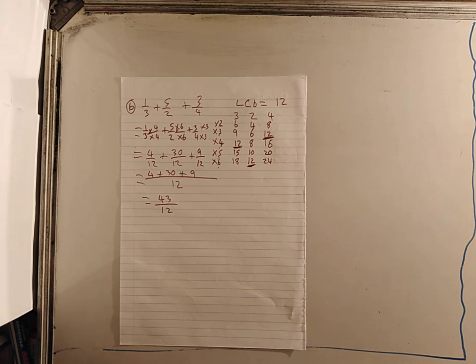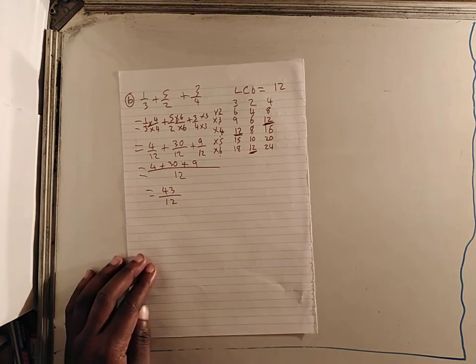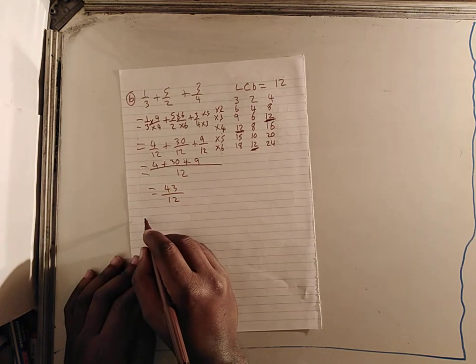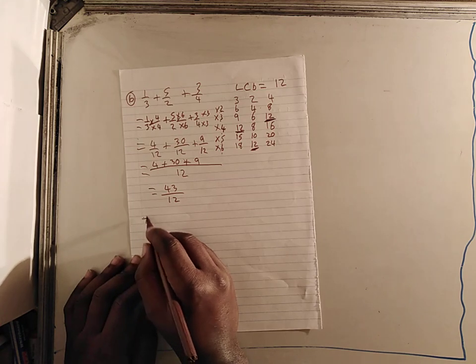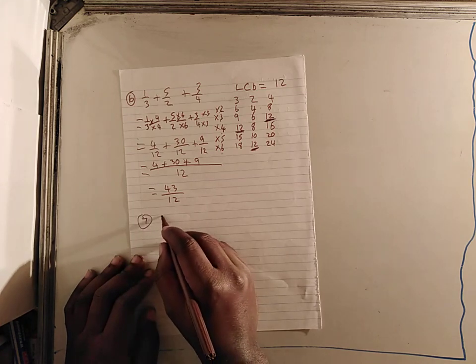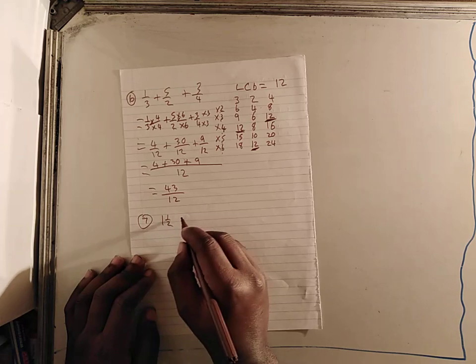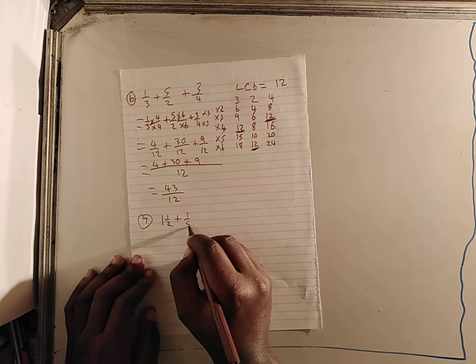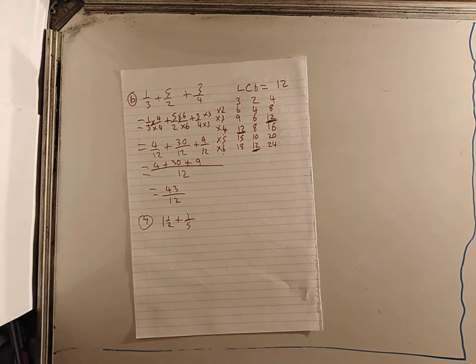And then let me take the last one now. The last one is number 7. It's 1.5 plus 1 over 5. So the question is, how do I add these fractions?